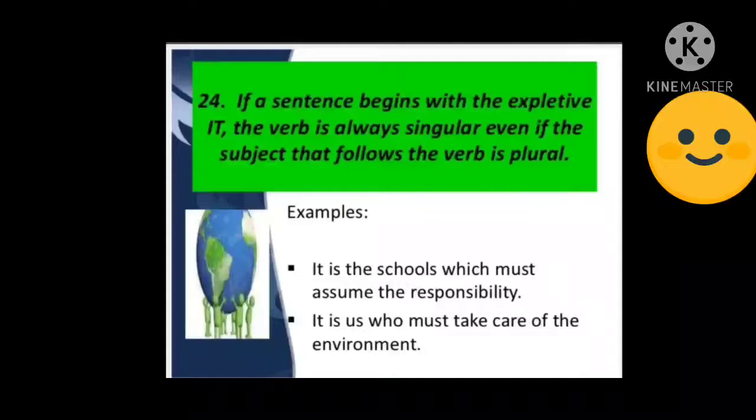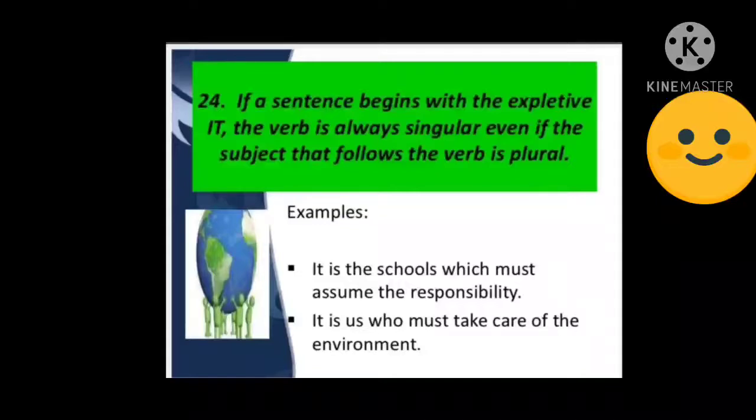singular verb. "It is the schools": actually schools is plural, but the sentence begins with "it", so we are talking about a particular organization. So, it is the schools which must assume the responsibility. You cannot write "it are the schools", because "it" is the subject which always takes a singular verb: is in present tense, was in the past tense.